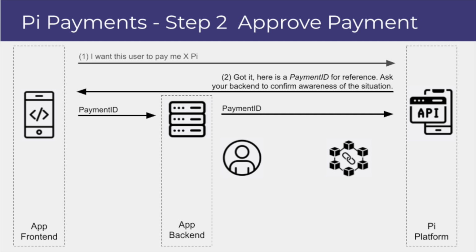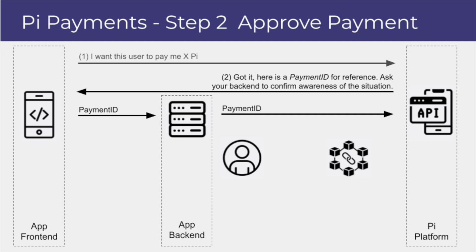We're assuming that if the payment ID reaches the app backend, there is a very high likelihood that it has been correctly recorded in the app's database. This could obviously always, everything could always go wrong, but this is a mandatory step to at least know that it somehow reached the app backend, and then it gets sent to the Pi platform through a process that is called payment approval.